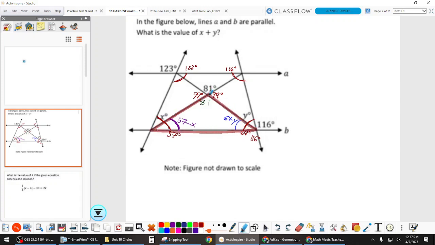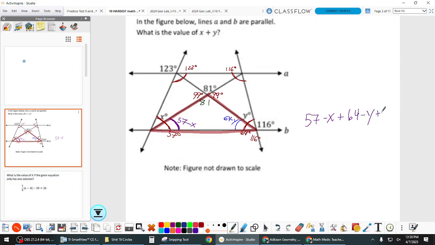Now, if we look at this triangle, could we write an expression that has those in there? What would it say? Actually, you know what? I'm going to leave the parentheses off. Okay, plus 64 minus y.